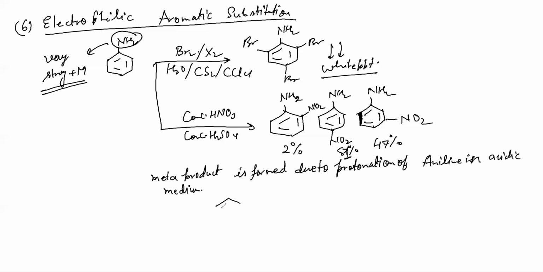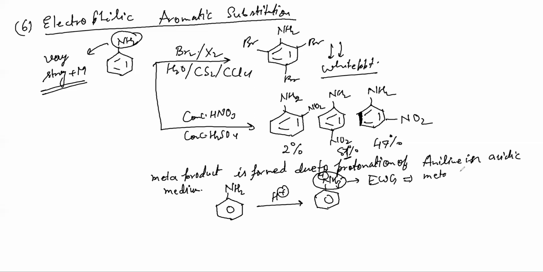Now what happens in a highly acidic medium, your aniline gets protonated and aniline converts into this NH3 plus. Now this is having EWG nature, means meta directing. So some products are formed as per the meta directing nature of this group. That is why meta percentage is very high. Please note this.